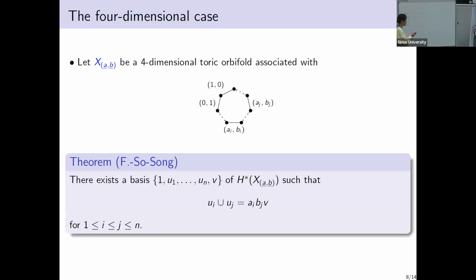In this case, our main result shows that there exists a basis 1, U1, ..., Un, and V of the cohomology, where the Ui are degree 2, a basis for the degree 2 cohomology, and V is a generator for the degree 4. The cup product Ui with Uj equals ai bj V. Here ai, bj come from the characteristic vectors.